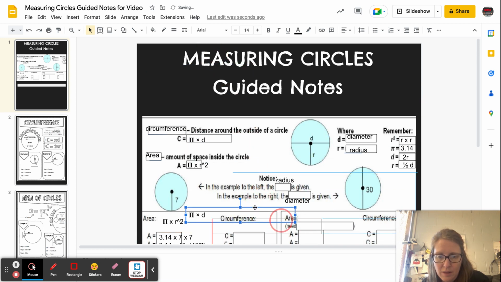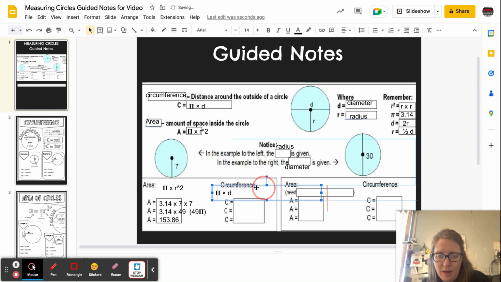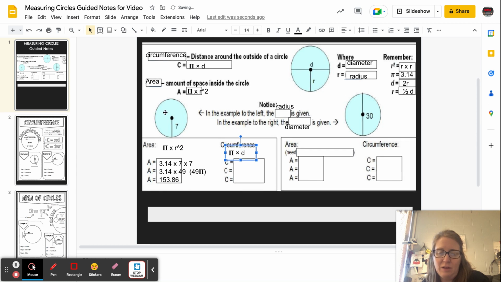Right there. Okay. And so then we want to figure out how to find it if we're given the radius. We're given the radius of 7. In order to get the diameter, we just need to double it.